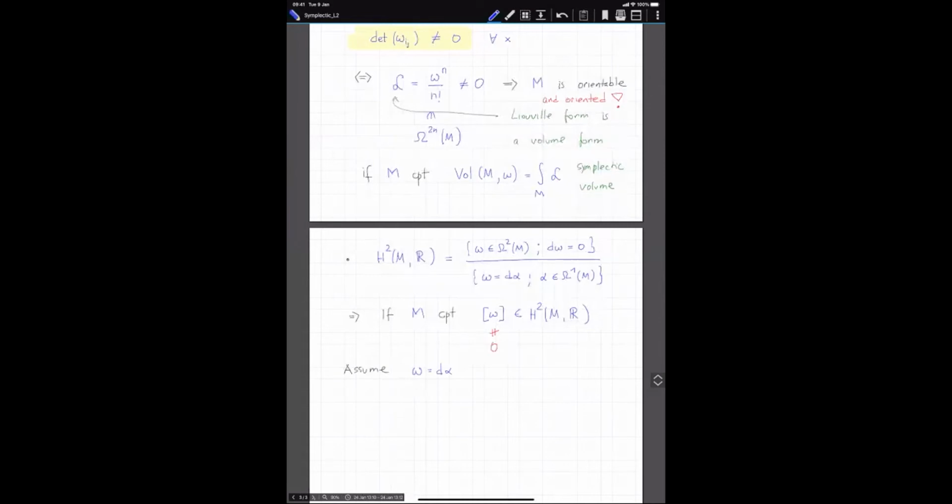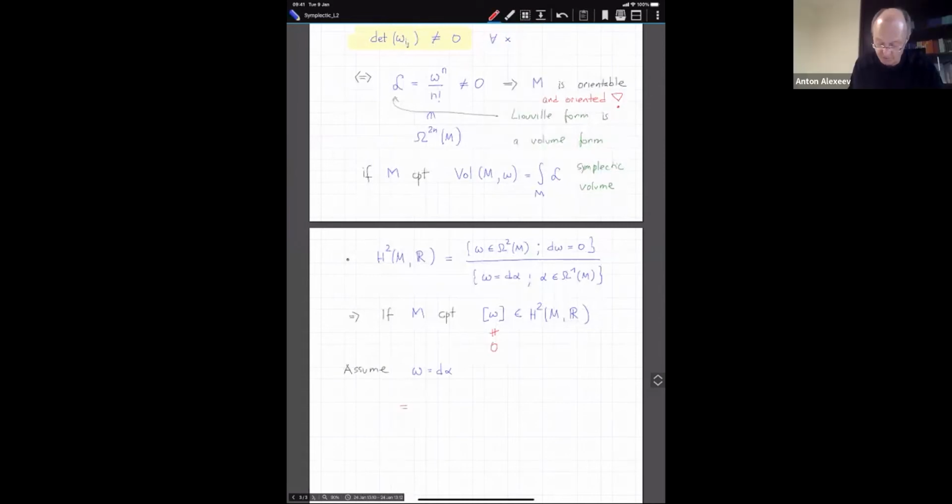Then what happens is the following. You compute the volume of M, which is equal to the integral over M of 1 over n factorial, d alpha to the n.